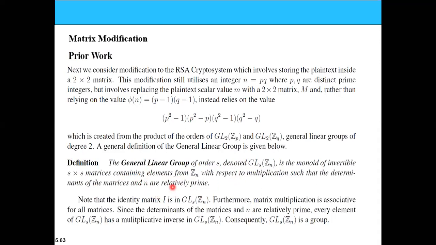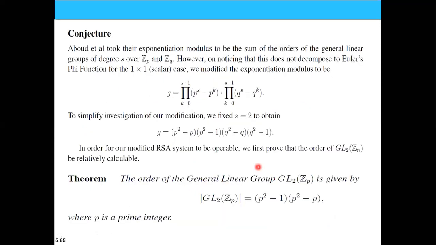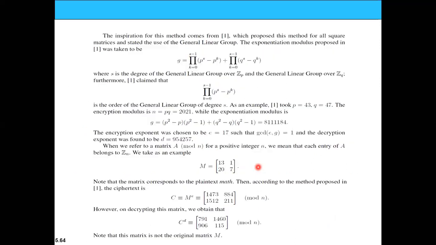So we will have a number of elements in the general linear group of order S over Zn, and it can be decomposed into primes like this. This is the general expression for the general linear group. Sorry, it should not be multiplication; I just omit this one.